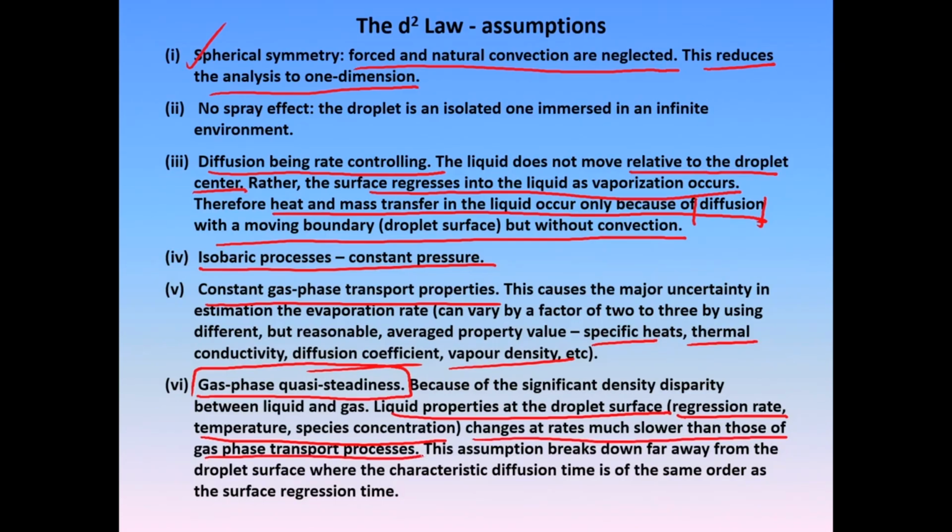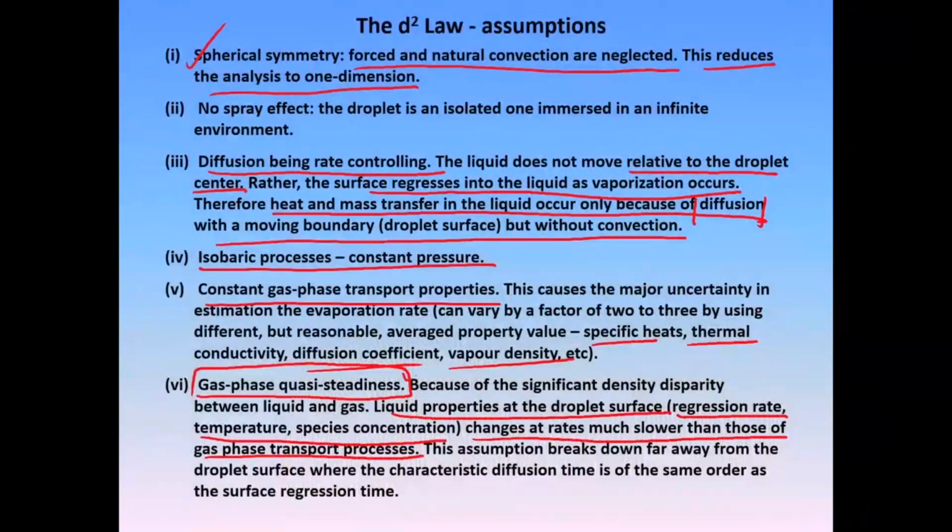So, that means the gas phase changes so fast that the liquid is almost seeing a steady gas phase outside. It is not able to detect what is going on in the gas phase, because its own movement is very slow. So, that is one of the key important parameters, that the gas phase with respect to the droplet is actually a quasi steady thing.